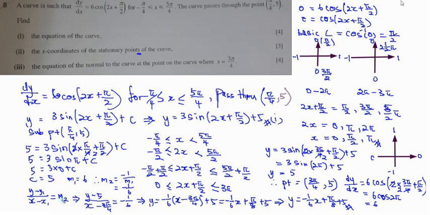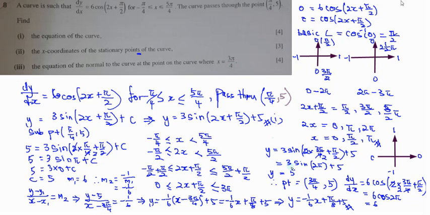Then this m2 is the gradient of the normal. Now we know that the normal passes through this point, so the x coordinate is 3 pi over 4. But we have to find the y coordinate.